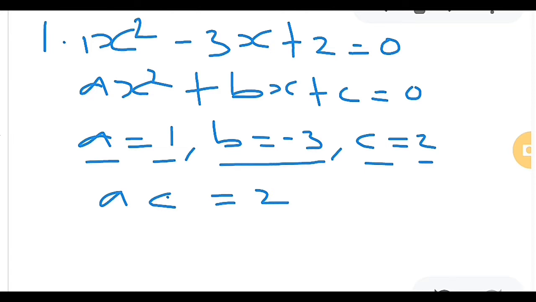Look for 2 factors of ac that give you b. So you begin by creating 2 brackets with the x, then the 2 factors of ac that give negative 3.